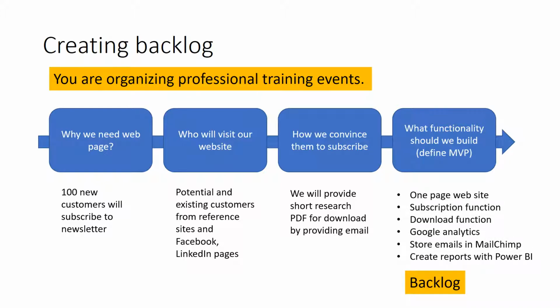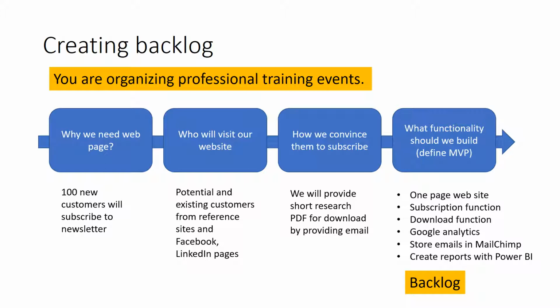And actually, what we need for the backlog for the minimum viable product is a one-page website. There should be a subscription functionality where, as a user, you can provide your email and subscribe, and then you need a download function so that when you are subscribed, the website allows you to download some materials.